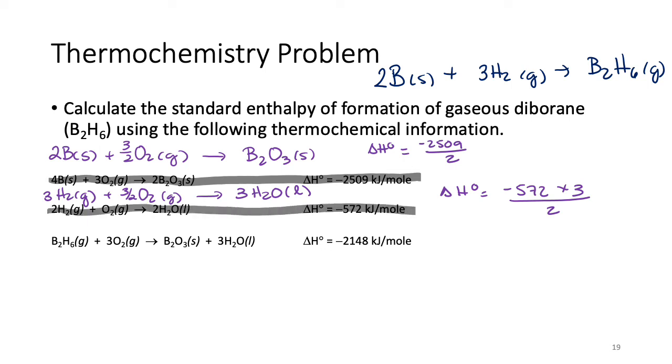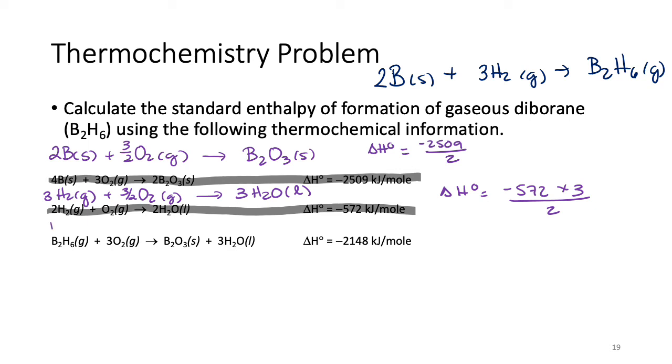And then the last one, I have B2H6. I have the amount of diborane I need. But is it in the right place? No, it is not. So I need to flip my equation.